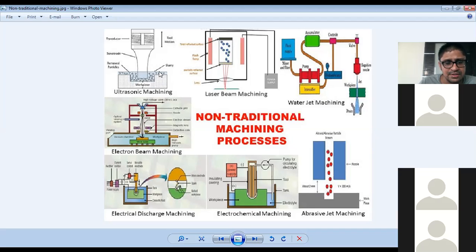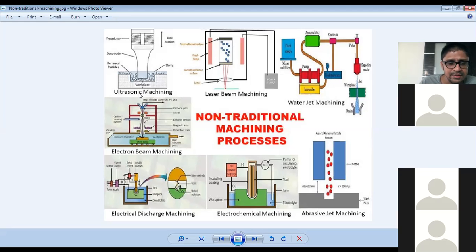So you can use this powder slurry, and what will happen? With the high frequency translatory motion, the workpiece surface will get eroded, right? So here the erosion of the workpiece surface will take place because of this slurry. And the erosion will reduce the dimensions of the contact area, and so on. You will have the machined surface.